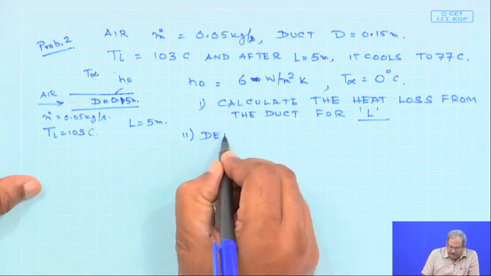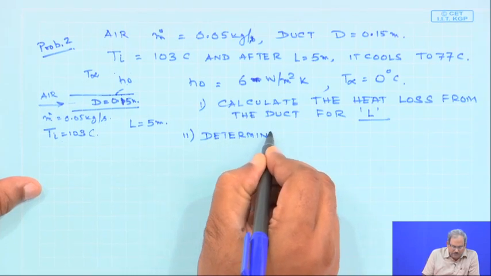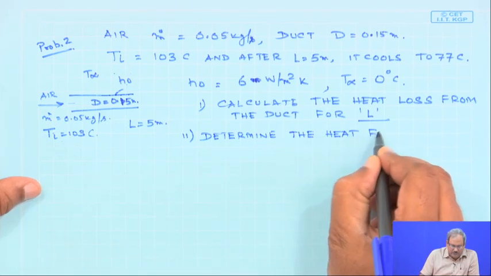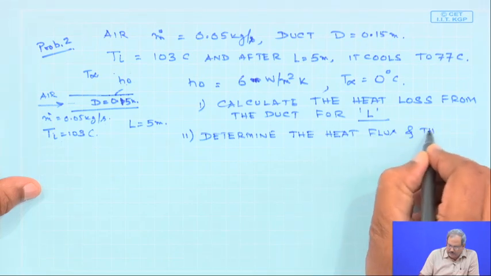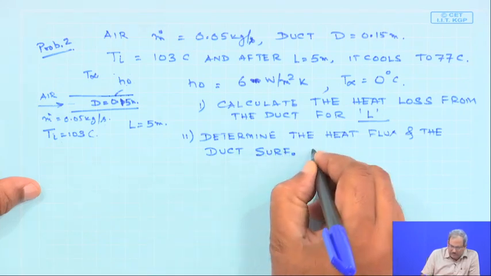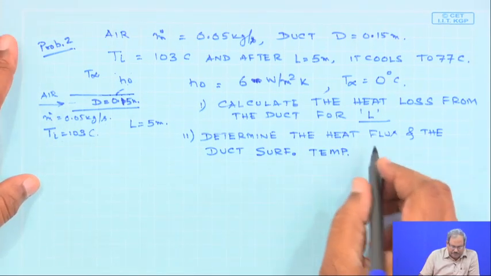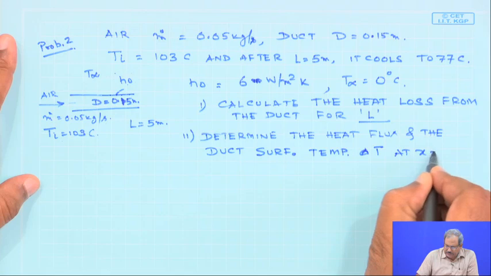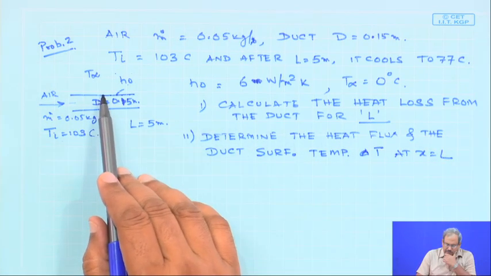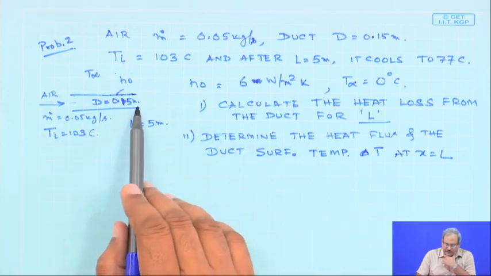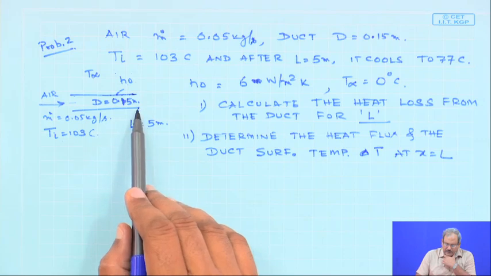The second part is to determine the heat flux and the duct surface temperature T at x equals L. So, what is the total heat going out for the entire length, what is the value of the heat flux at x equals L, that means at 5 meter, and what is the temperature of the duct surface at x equals L.